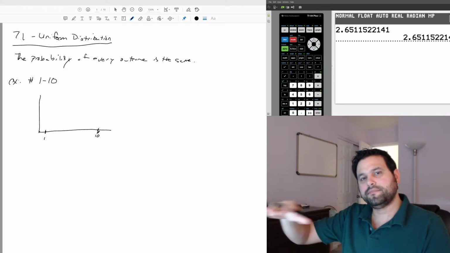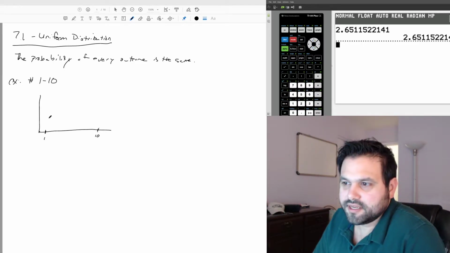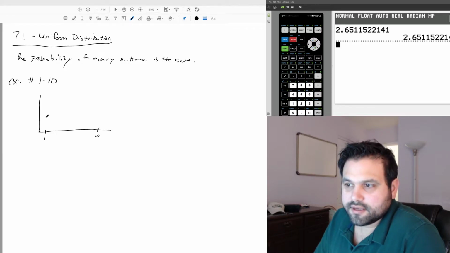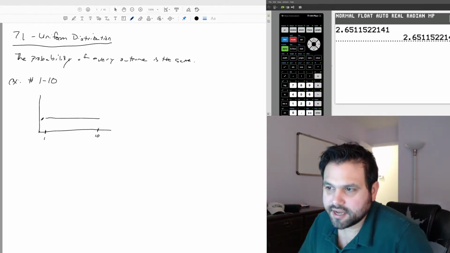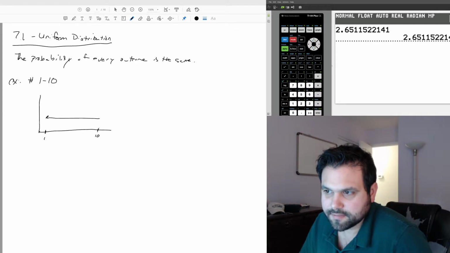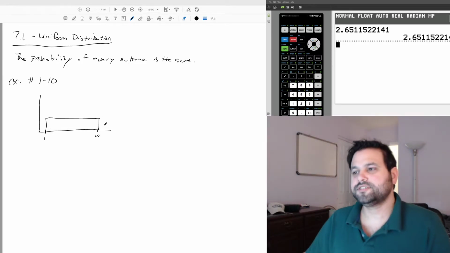The uniform piece is that the probability of a 1 is the same as the probability of any other number. We get this straight line going across, and essentially what this creates is a rectangle.